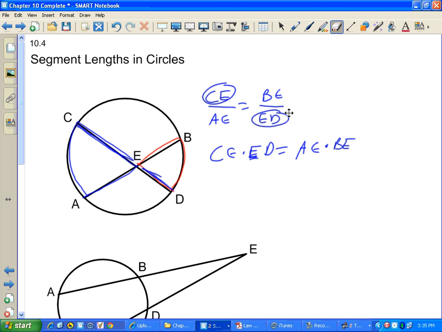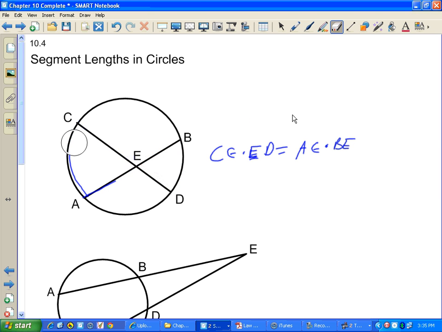So instead of setting proportions every time, we can make a shortcut. We're just going to say piece times piece equals piece times piece.